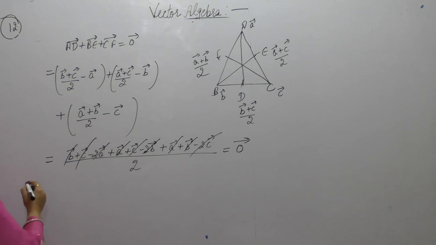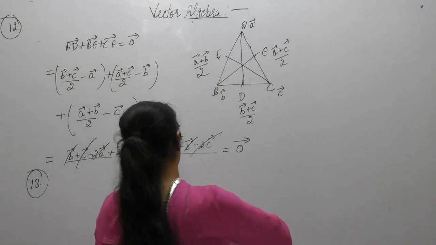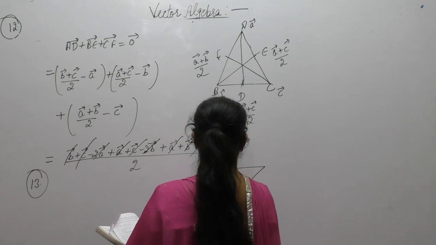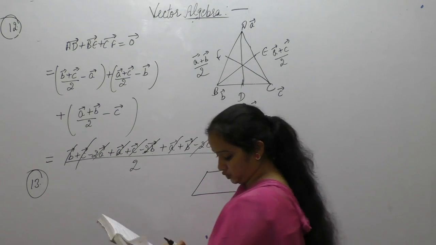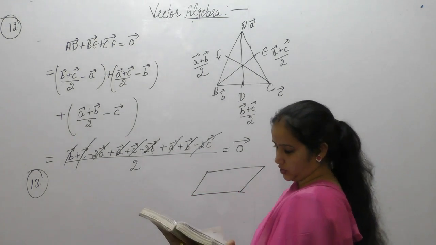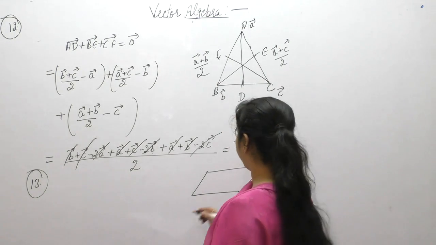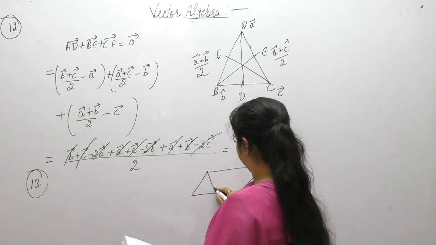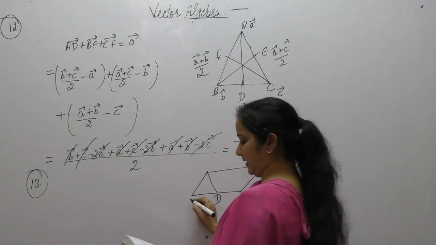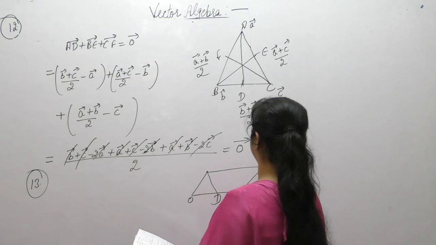Now next one. Show that the line joining one vertex of a parallelogram to the midpoint of an opposite side, let D be the midpoint of side OA.